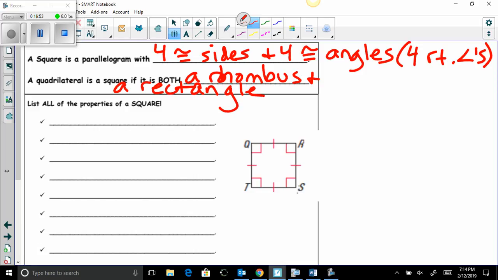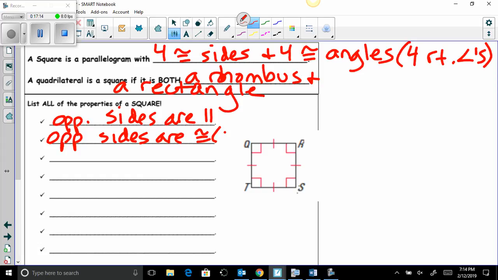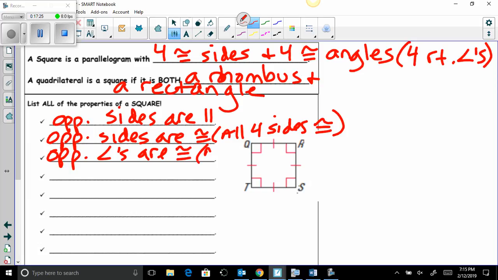List all the properties of a square. So if it's a square, we know it's a parallelogram, so then it has to have all these different things. Opposite sides are parallel. Opposite sides are congruent. All 4 sides are congruent. Opposite angles are congruent. All 4 are congruent again. Consecutive angles are supplementary, which means they add up to 180.